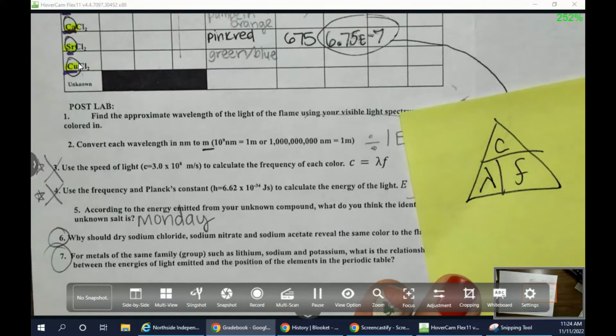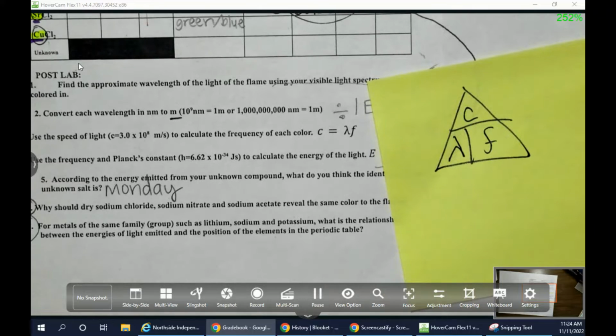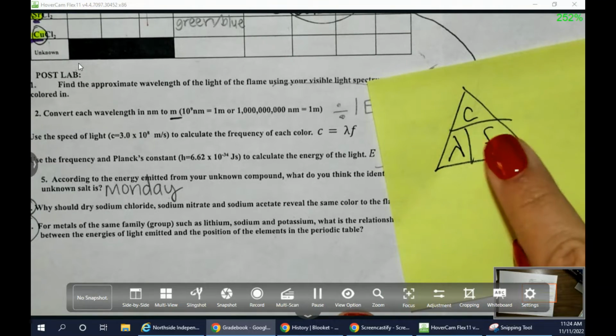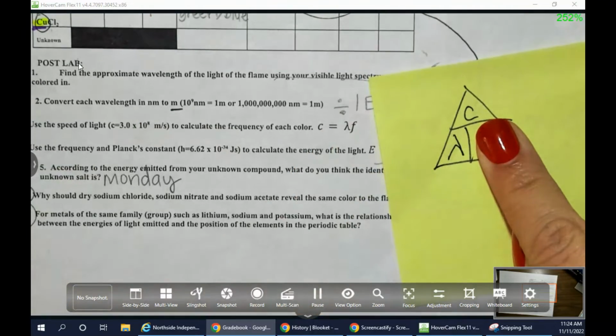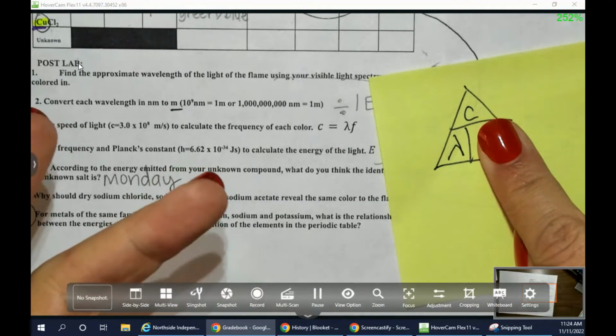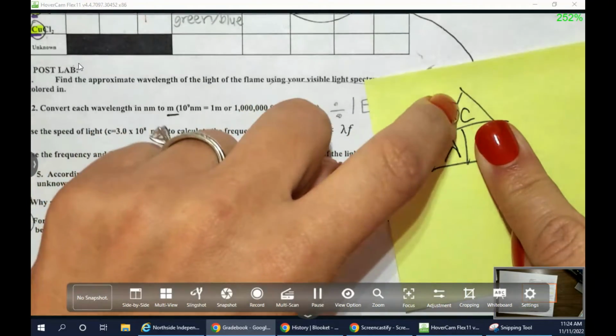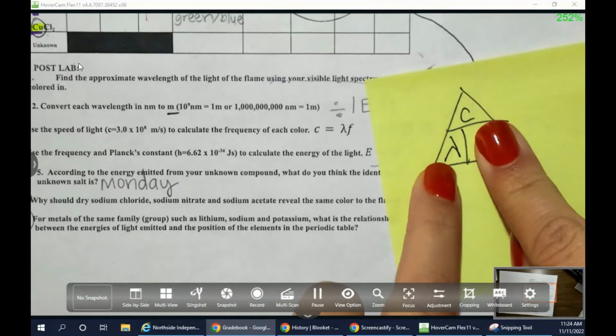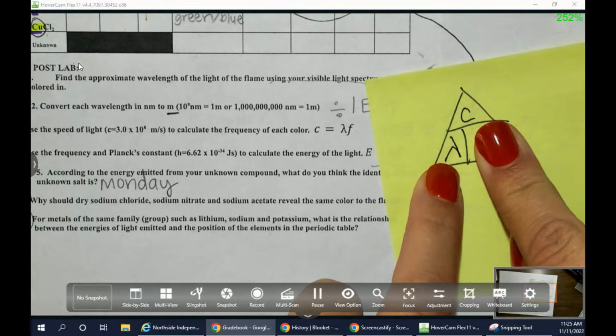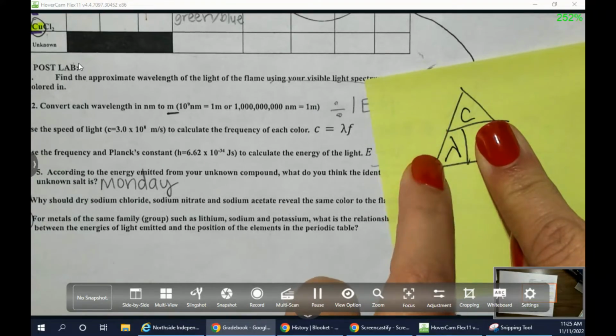If I'm solving for frequency, you cover up the f, and whatever you're left with is what you're plugging in. So f is equal to speed of light divided by that wavelength that you just got. So frequency is speed of light divided by wavelength.